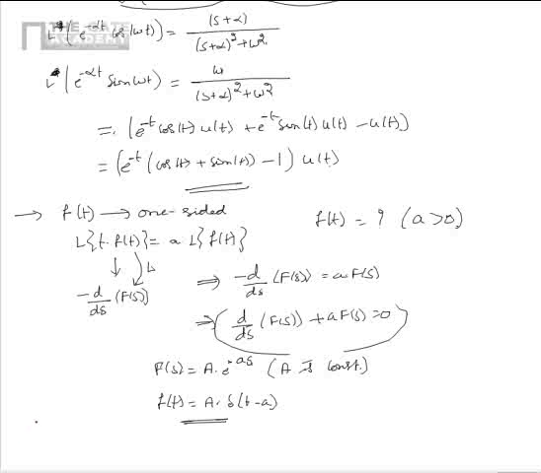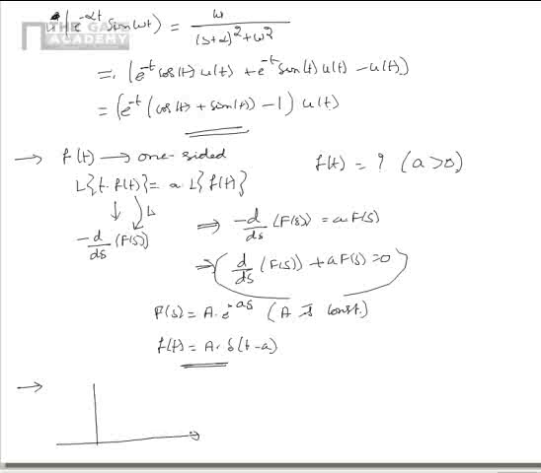Now let us start looking into another problem, as a part of which there is a function v of t given, which is as shown. V of t is a ramp in the period of 0 to capital T, and it has a magnitude of V naught at capital T. We need to find the Laplace transform of V of t.